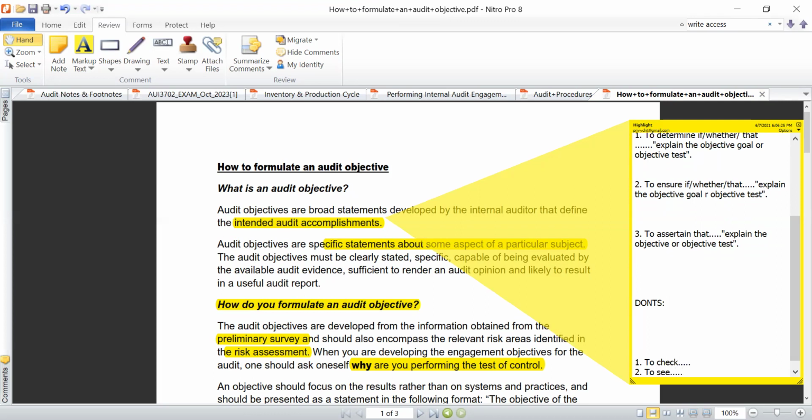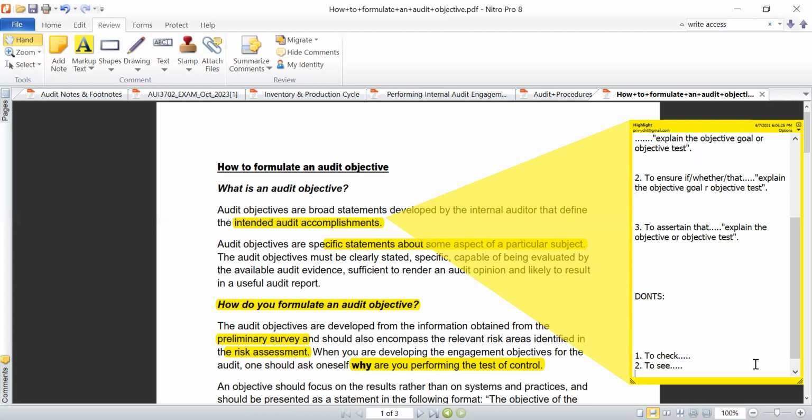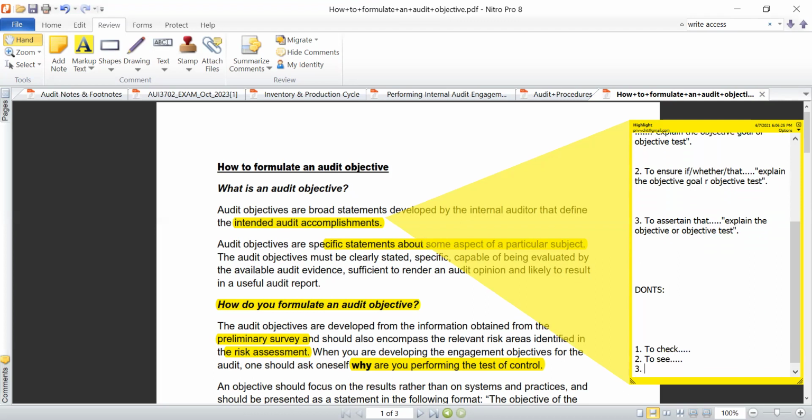The moment you do that, you get 0. Don't start your objective statement by saying to observe. The moment you do that, you get 0. Why? What you are giving them when you say to check, to see, to observe, those are audit procedures, guys. These are actions you carry out when you want to collect audit evidence. That's why they are strict when it comes to this.